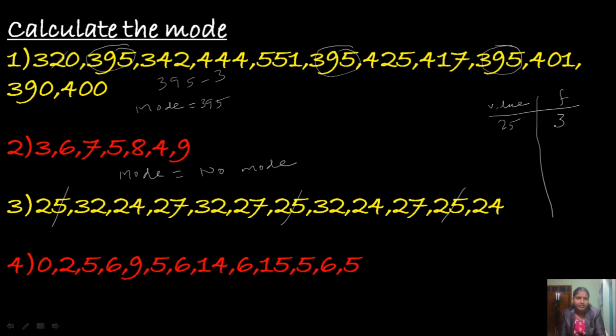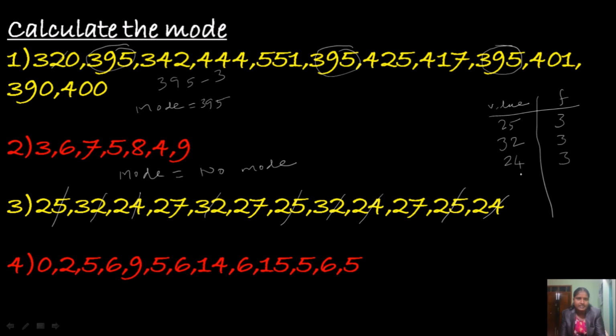So 25 repeats 3 times. The next, 32. 32 repeats 1, 2, 3, 3 times. And 24: 1, 2 and 3. 24 also repeats 3 times.